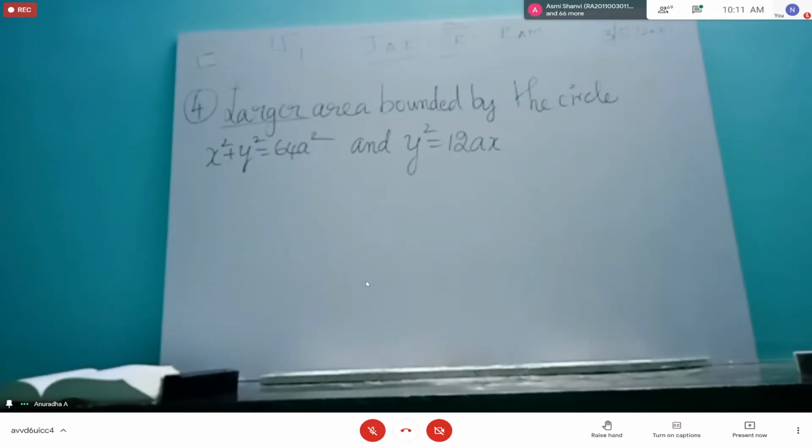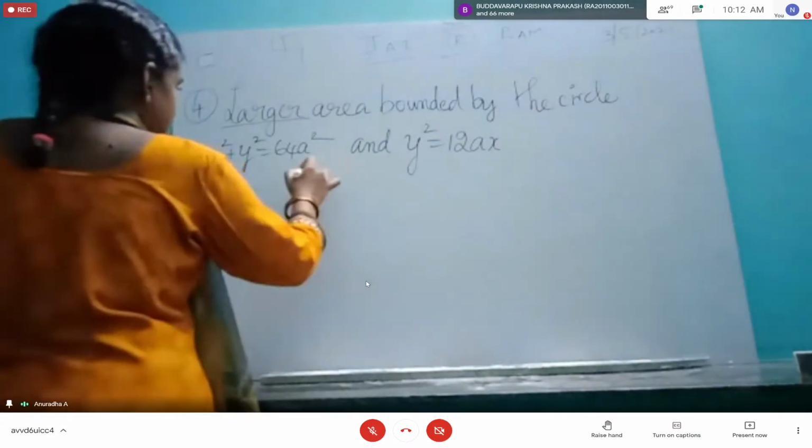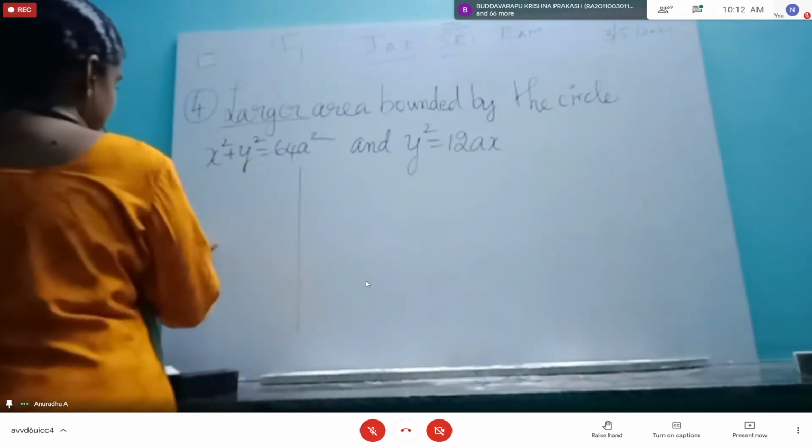One circle, one parabola they have given. They are going to intersect, and we are going to get different regions. In that, whichever is the larger region bounded by the circle, we are going to take. So first we fix the diagram, then we'll write the limits.